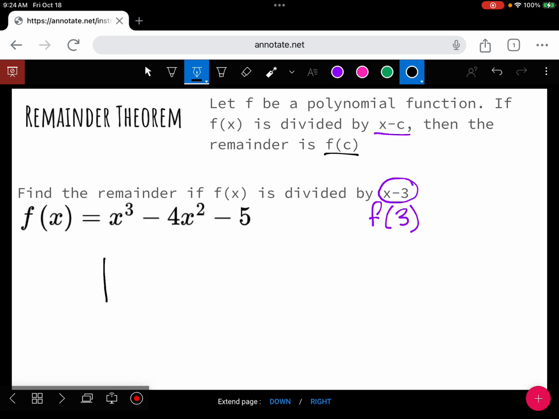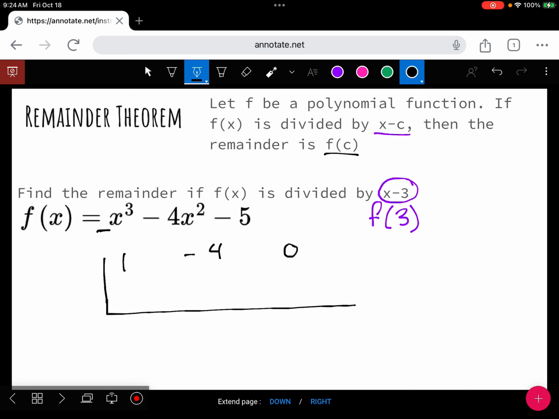Synthetic division is when we use just our coefficients, not skipping any from our function. So what is our coefficient for our x cubed? 1. What's our coefficient for our x squareds? What's our coefficient for our x's? 0. We cannot skip x because it's not there.